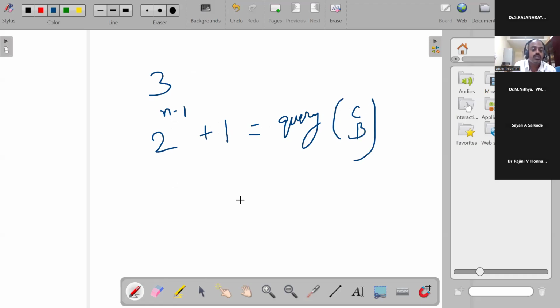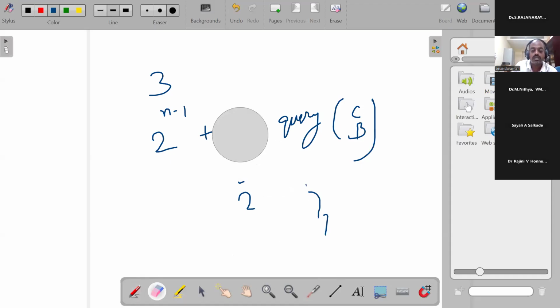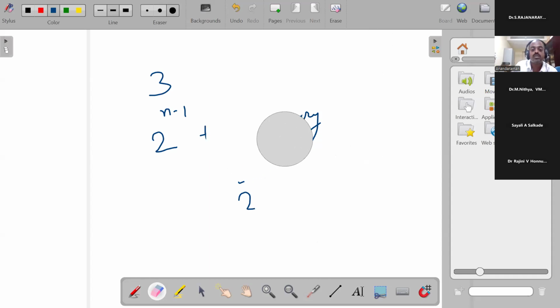That is 2 power 2 plus 1, that means 5 steps. Without 5 queries, you cannot find whether the function is constant or balanced. But in quantum, it can be done in 1 step. That is the quantum speed up.